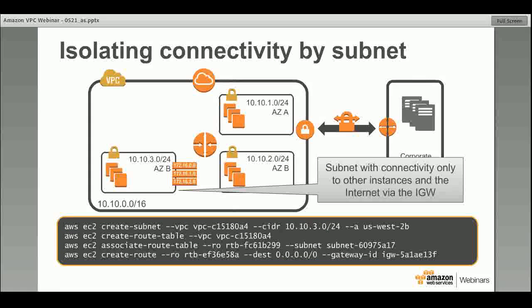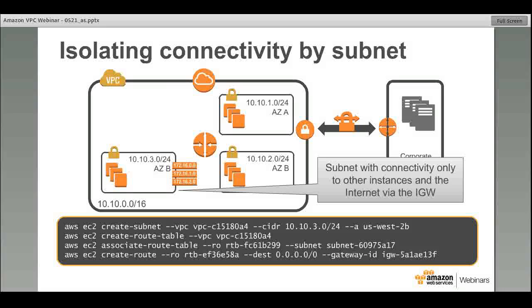And then I mentioned earlier that with VPC we support subnets and secondary routing tables that can be associated with subnets. By default, all subnets will be associated with the default routing table. In this case, I'm going to create a third subnet, the .3 subnet, and I'm going to create and associate a new routing table with that subnet.